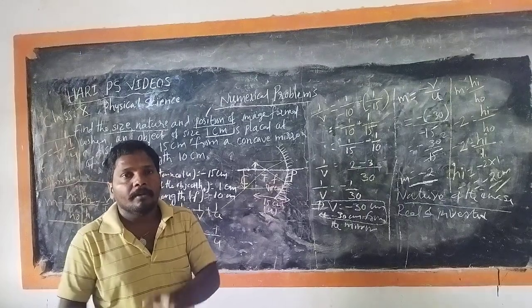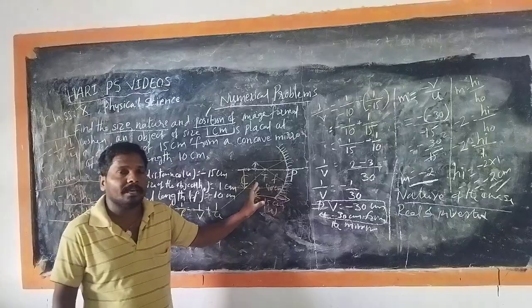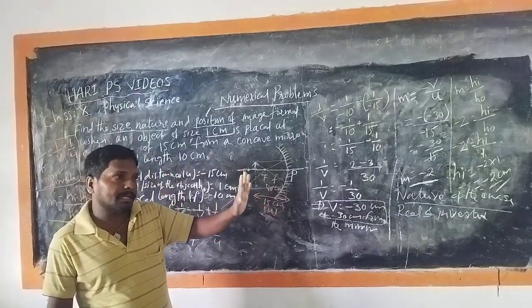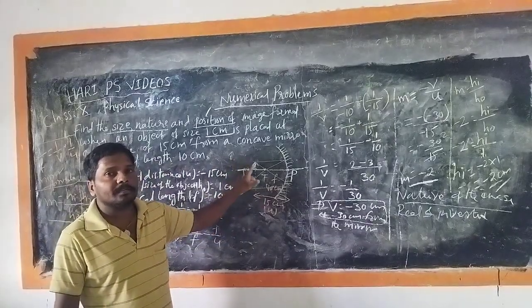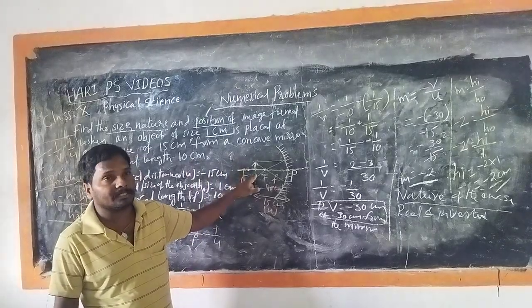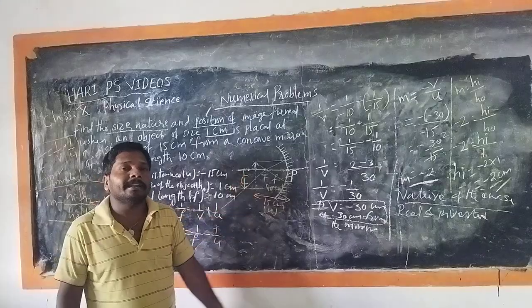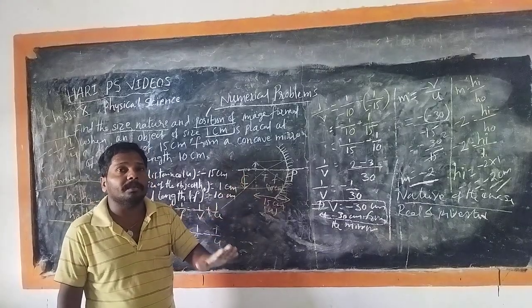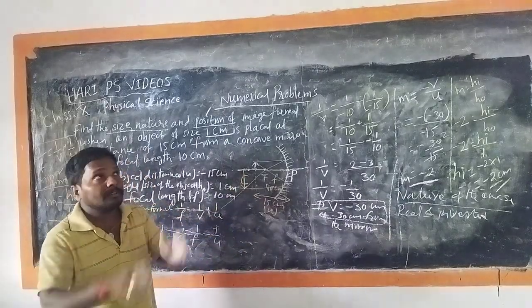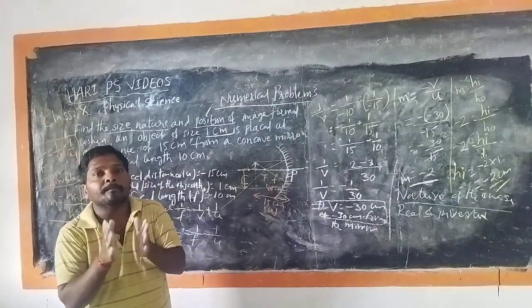When you draw a rough diagram like this, you get an idea where the object is placed. If you know the position of the object, then identifying the position of the image is very easy. So the tabular form which is already given is very important.